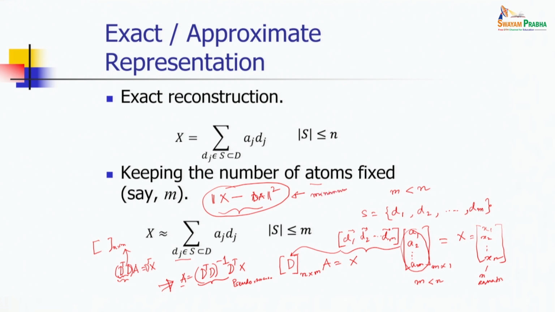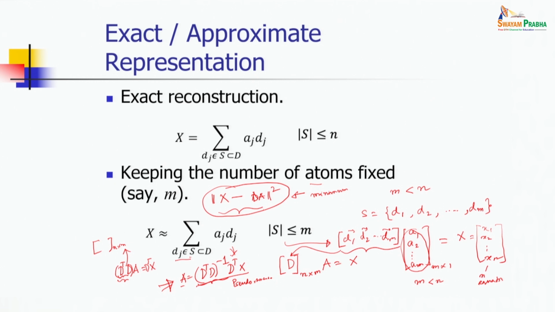So that is a combinatorial problem. Given S, I can always derive the matrix D, and from there I can compute the solution. But the error you get is not guaranteed to be a minimum.